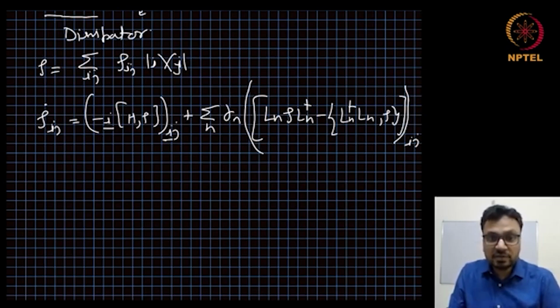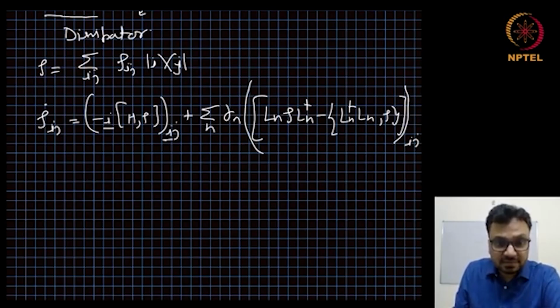Now we have to calculate the ijth element of the commutator of H with ρ, the ijth element of Ln ρ Ln†, and the ijth element of the anti-commutator of Ln†Ln with ρ. So let us start with the first one.